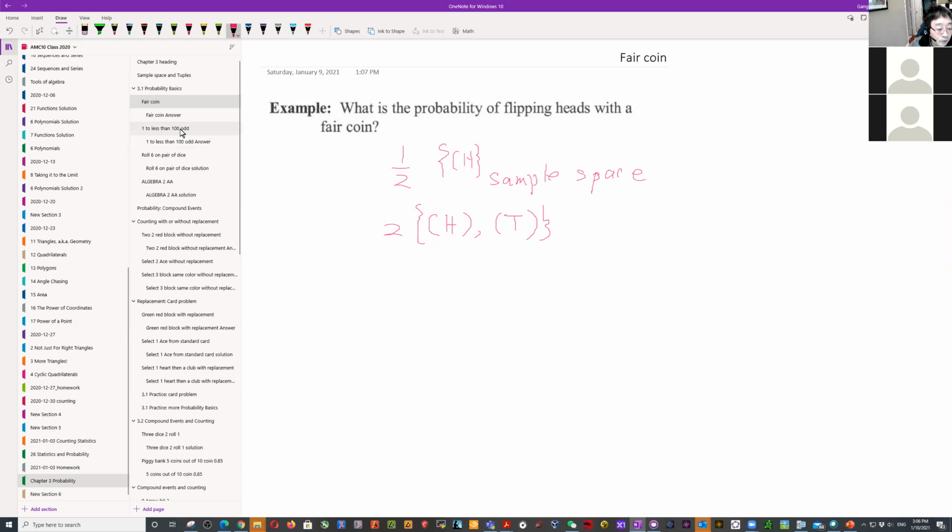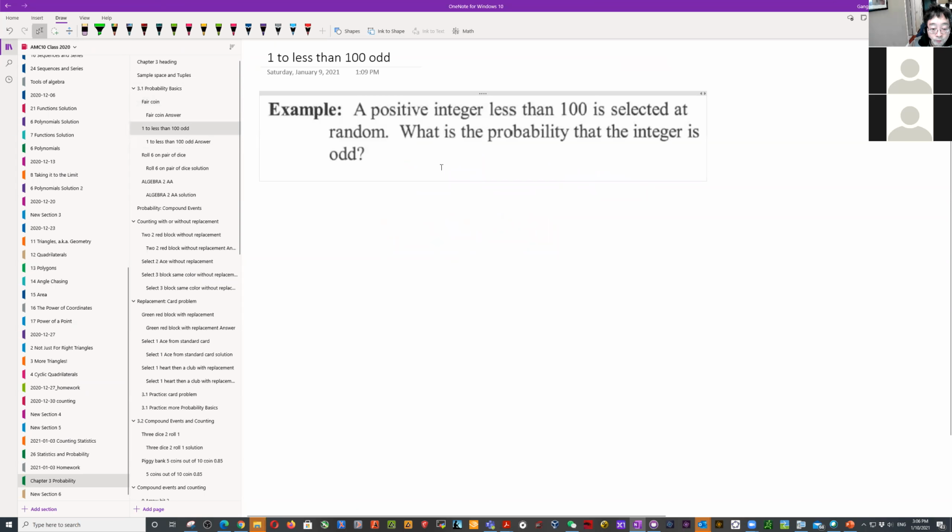Then let's go on to the next one: a positive integer less than 100 selected at random. First we still have to define the sample space. The sample space is made up of the positive integers less than 100.